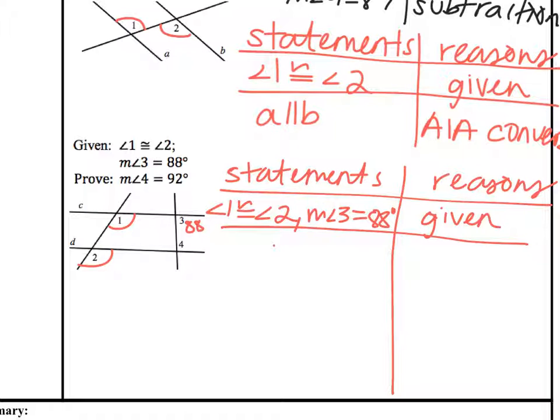Well, angle 1 and angle 2 are parallel. So because 1 and 2 are congruent and they're corresponding, I've got an angle relationship that I can prove, so I can say the lines are parallel. So corresponding, I'm just going to say corresponding converse.